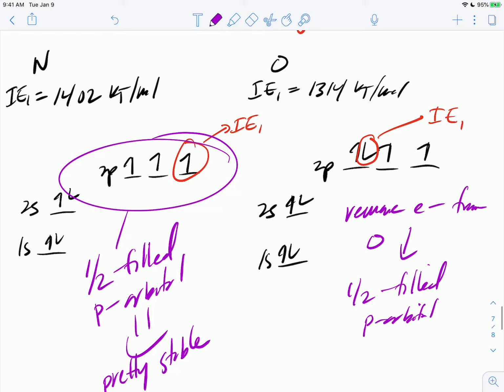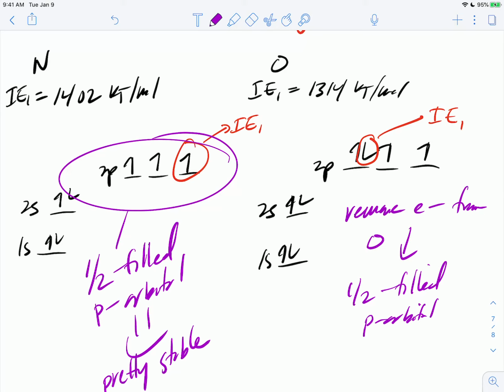Whereas in nitrogen, we already have a half-filled configuration, and now we are going to move away from that by removing electrons. So for nitrogen, it should be higher because we're moving away from a stable electron configuration, and for oxygen, it should be lower because we are removing an electron to gain that half-filled p orbital electron configuration.